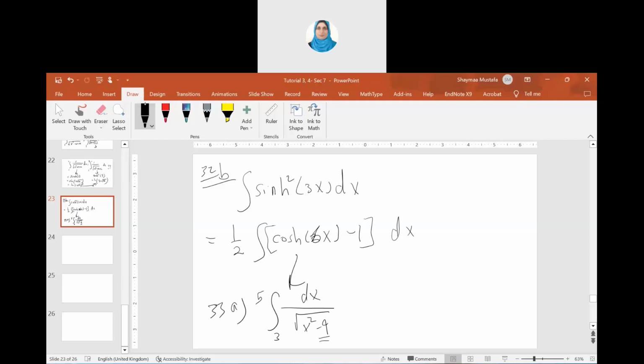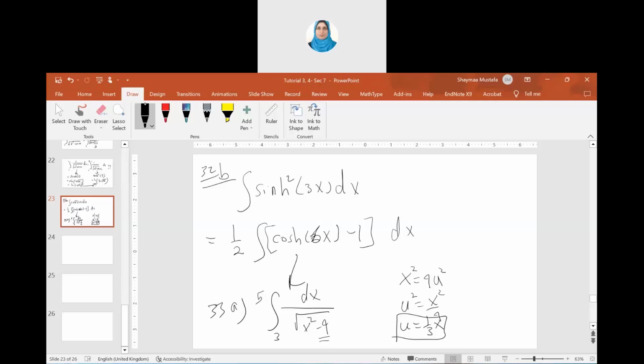So you need to replace x squared by 9u squared, so u squared will be x squared over 9. So your substitution is u equals 1 over 3 x. Take this substitution and solve the question. So no problem on 33a.